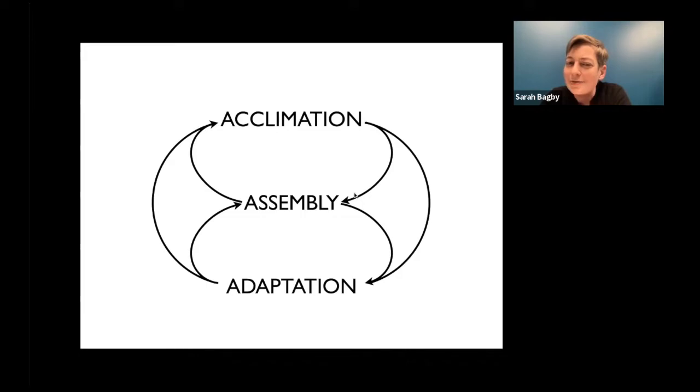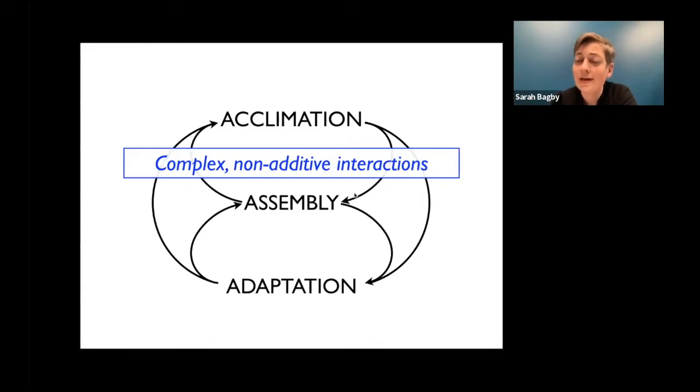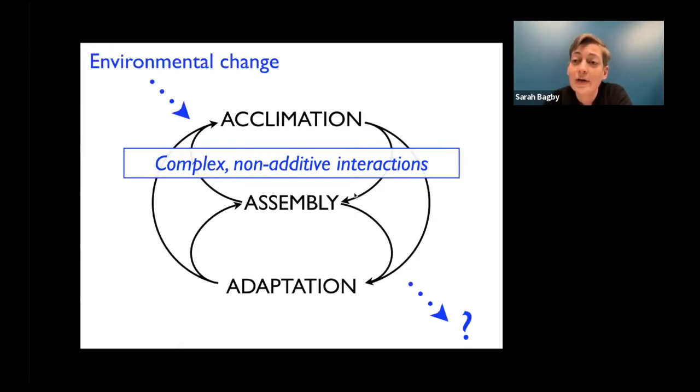If tools get passed around and shared, they then have the chance to be used for acclimation in different genetic backgrounds with potentially different effects. So all of these processes combine in a really complex, non-additive way. And the result is what we call emergent. What that means is that when environmental change comes, it sets off all of these complex, non-additive interactions, and the result is we really don't know. It's incredibly difficult to predict.